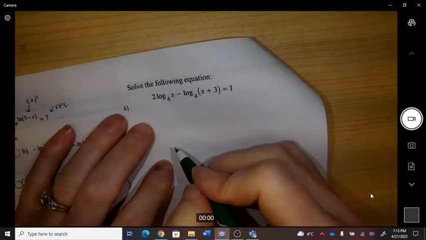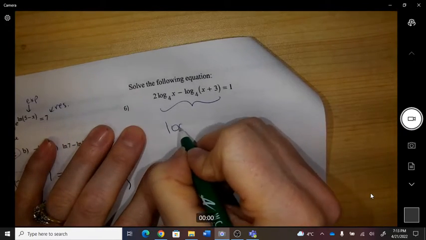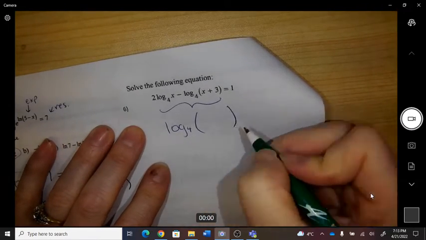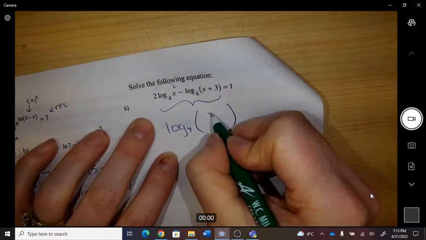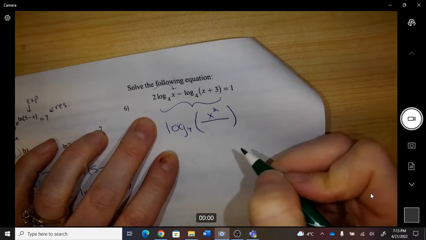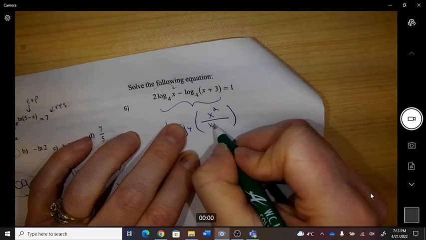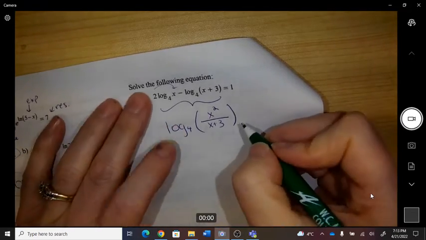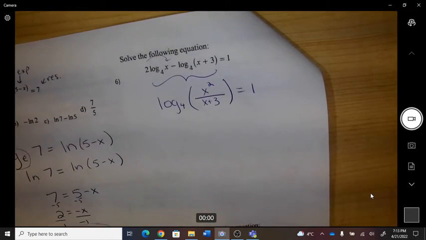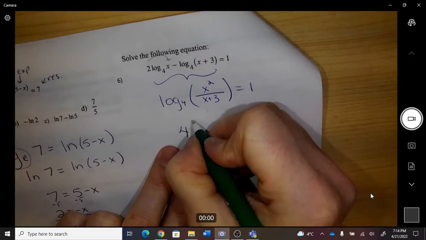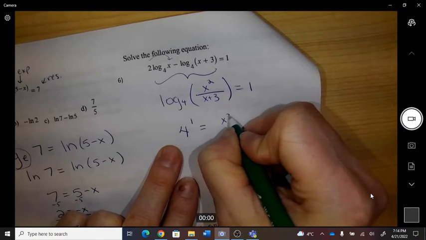Okay, so I'm going to collect log 4, and I'm going to put stuff back together with the rules. So the 2 will go on the top of the x, and this will be a division because of the subtraction. Now I'm going to rearrange this in exponential, so base 4 exponent 1 equals result.